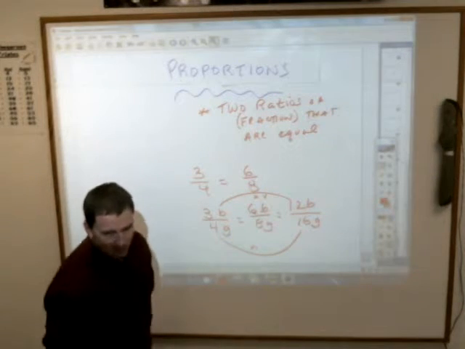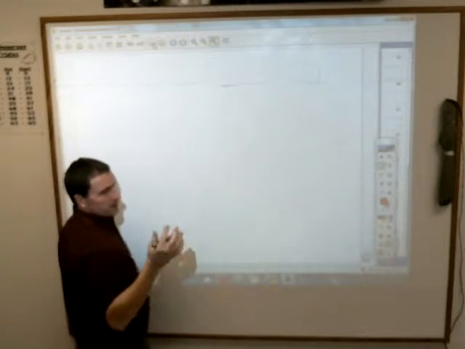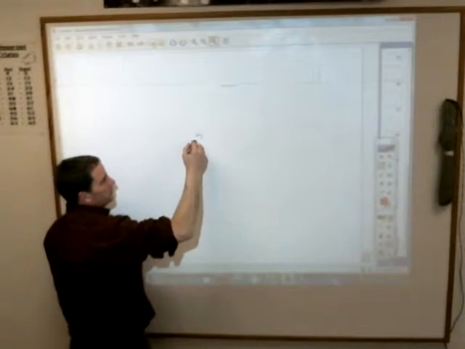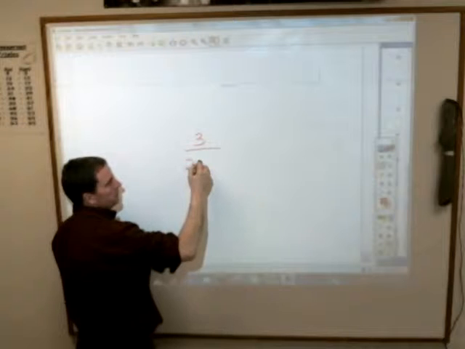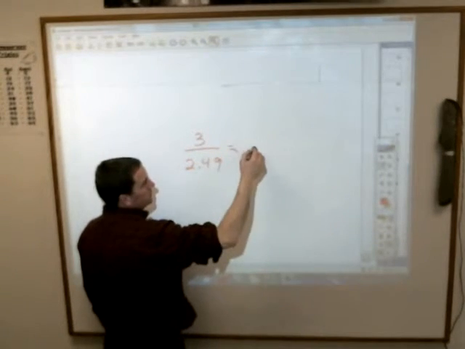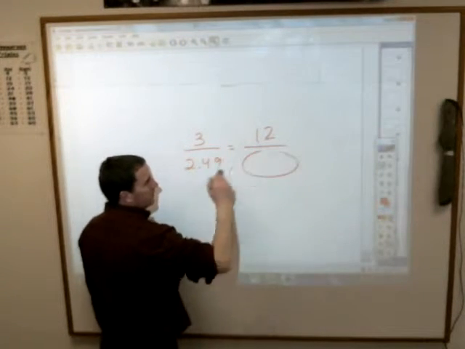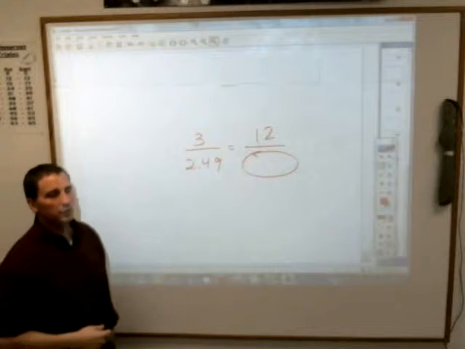And that was the thing that we talked about. Caroline asked that question. Okay, you could write the ratio of, we could buy 3 tennis balls for $2.49. That would be proportional to 12 tennis balls that would cost how much? It's also a proportion.